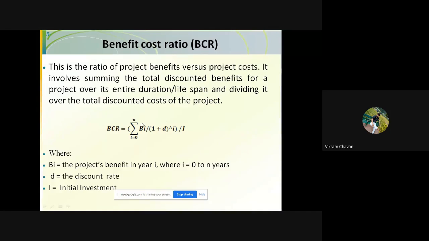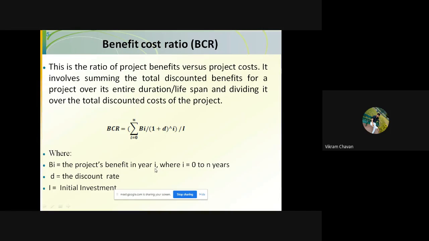So the simple formula for the benefit cost ratio is equal to, in bracket, summation of i equal to 0 to n of B_i divided by (1 + d) raised to i, bracket complete, whole divided by I. Here B_i is the project benefit in year i.